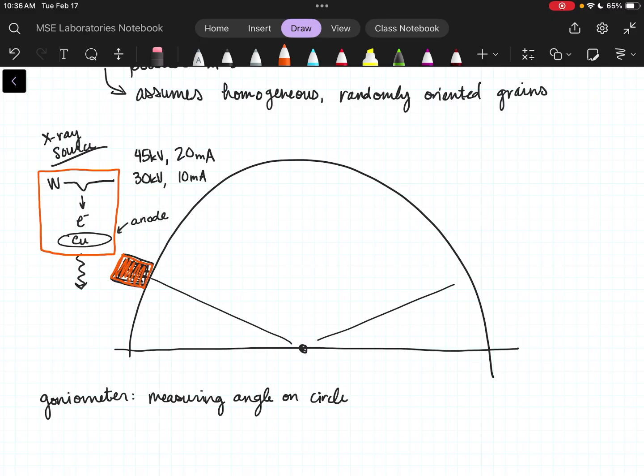So this right here is our source. If I were to zoom in on the inside of it. And what that means is I have X-rays shooting out of my source.